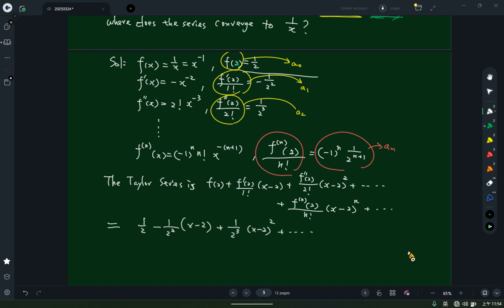And in general, negative 1 to the power of n, 1 over 2 to the power n plus 1, times x minus 2 to the power n. So I just simply put a0, a1, a2, up to an into the power series.